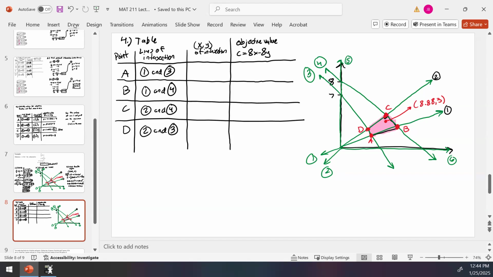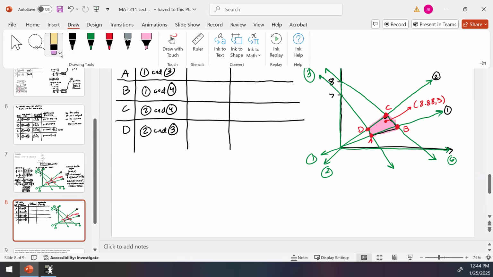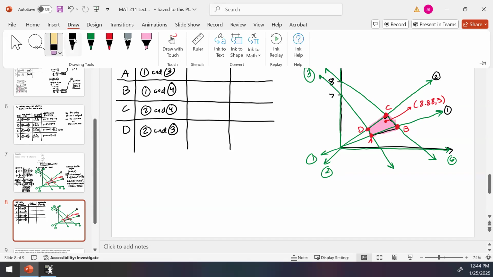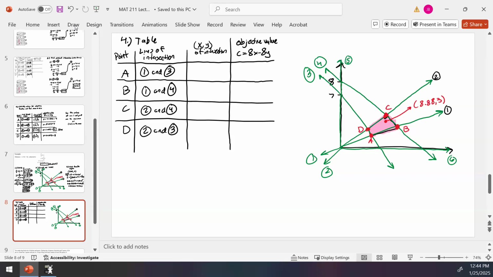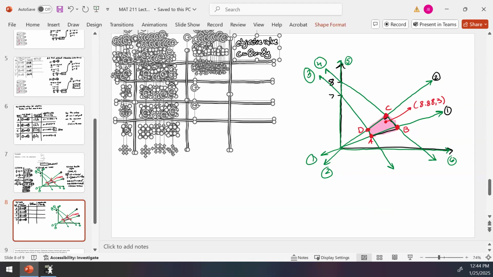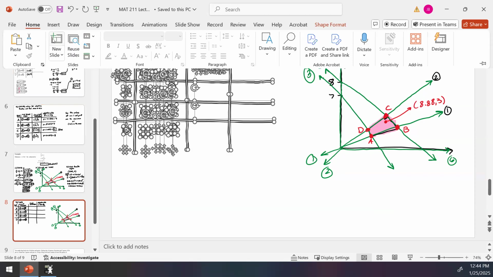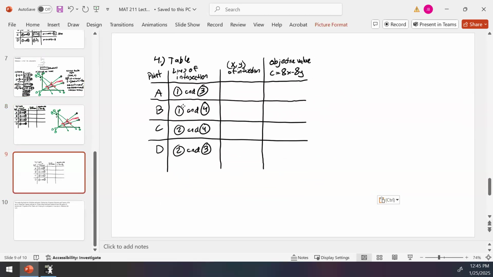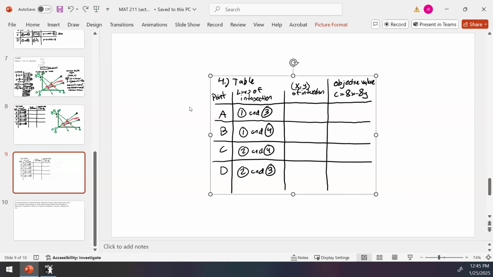And so now we have our table set up. From that, we can start calculating all of the points of intersection and then start calculating the maximum value. So that'll be our next step. And so we'll paste this right here just to have it as a frame of reference.